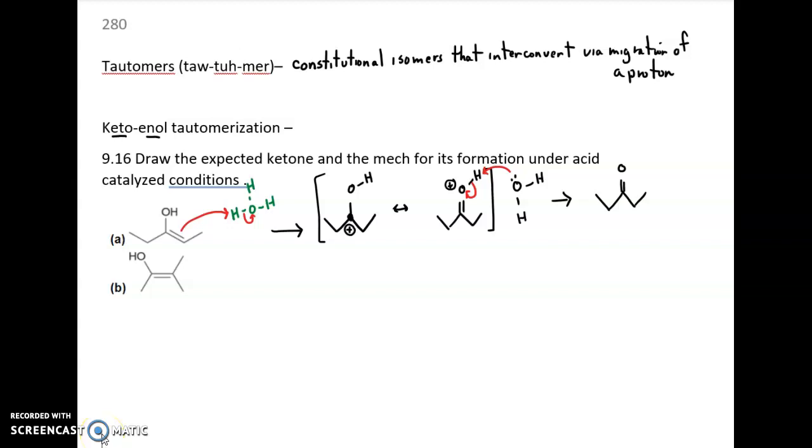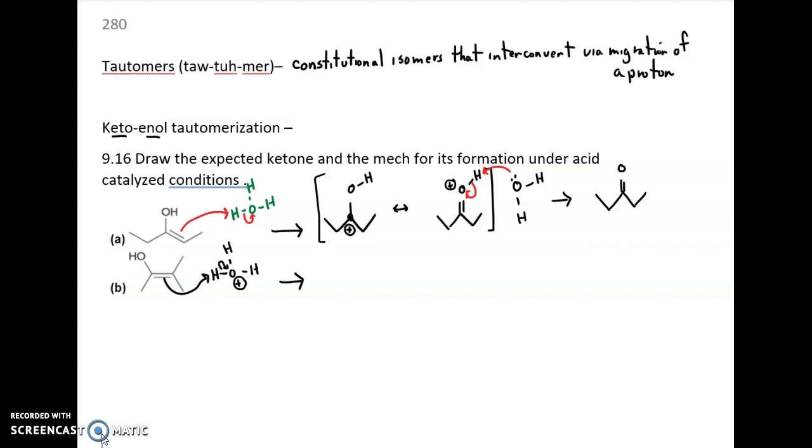And we can do a similar reaction with this one here. We start, of course, with our acid, because acid catalyzed, right? The pi electrons steal a proton. The electrons that are attaching the proton to the oxygen go and live on the oxygen.